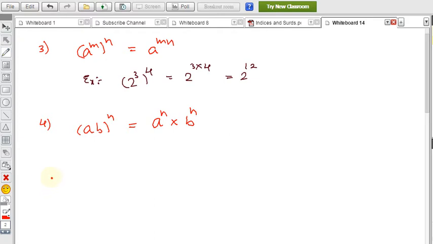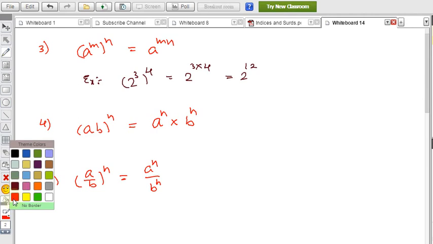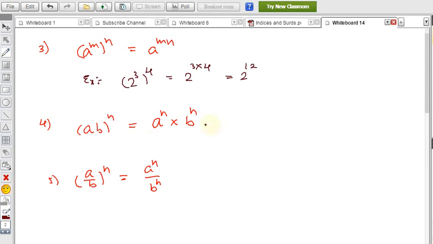Similarly, we can write (a/b)^n as a^n / b^n. Okay, let's write some examples. For example, they gave 6^5. 6 I can write as (2×3)^5, because 2×3 is 6, right?